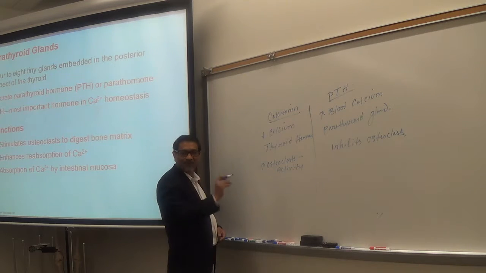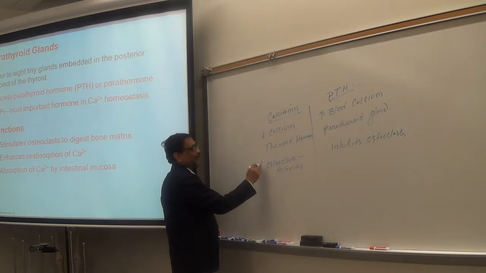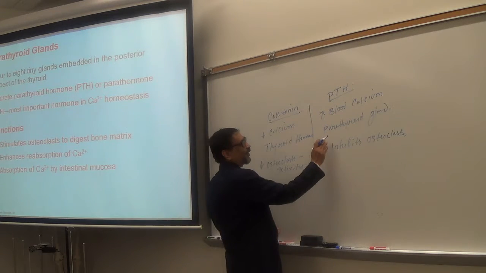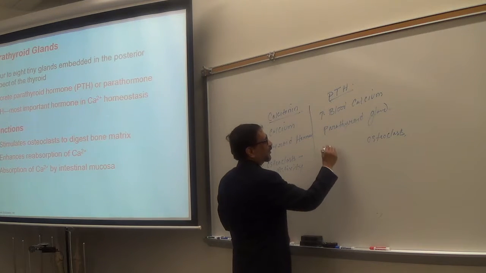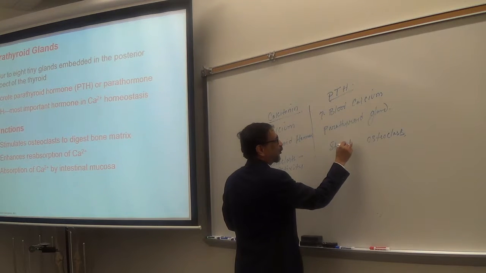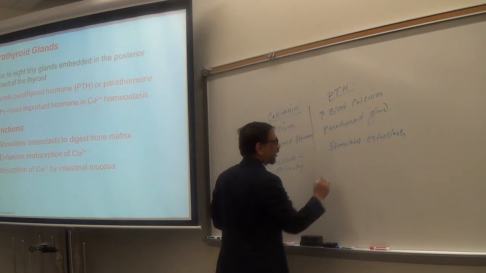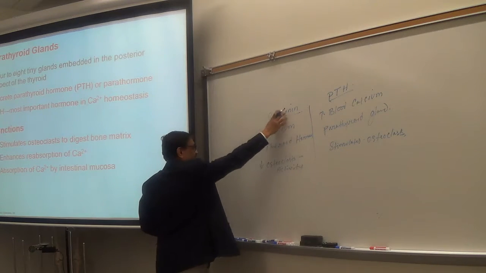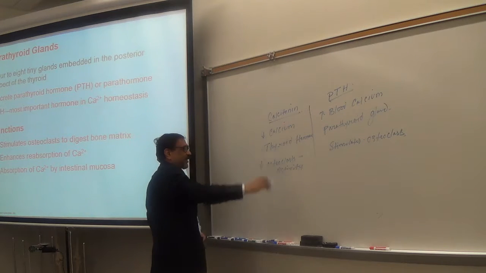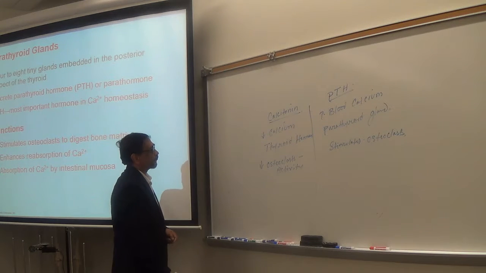Sorry, I did it opposite, right? Calcitonin lowers, so it inhibits the osteoclast, and parathyroid stimulates osteoclast. Inhibition is calcitonin, stimulation is parathyroid, because parathyroid increases, right?